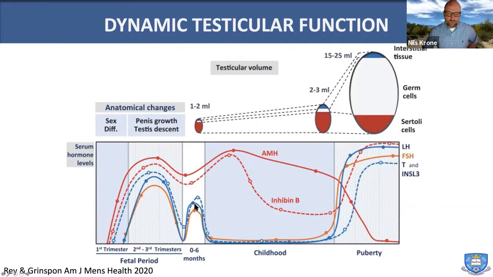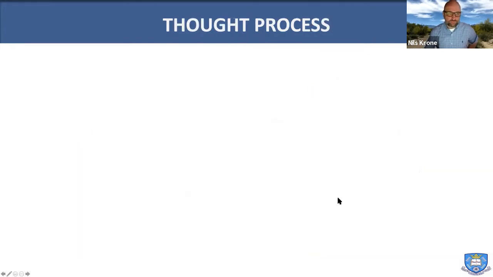And this is also something where we try to take bloods quite often because we have a natural rise in this. And then later on, all those other changes here with inhibin levels first going down, then going up in boys, and AMH gradually decreasing.